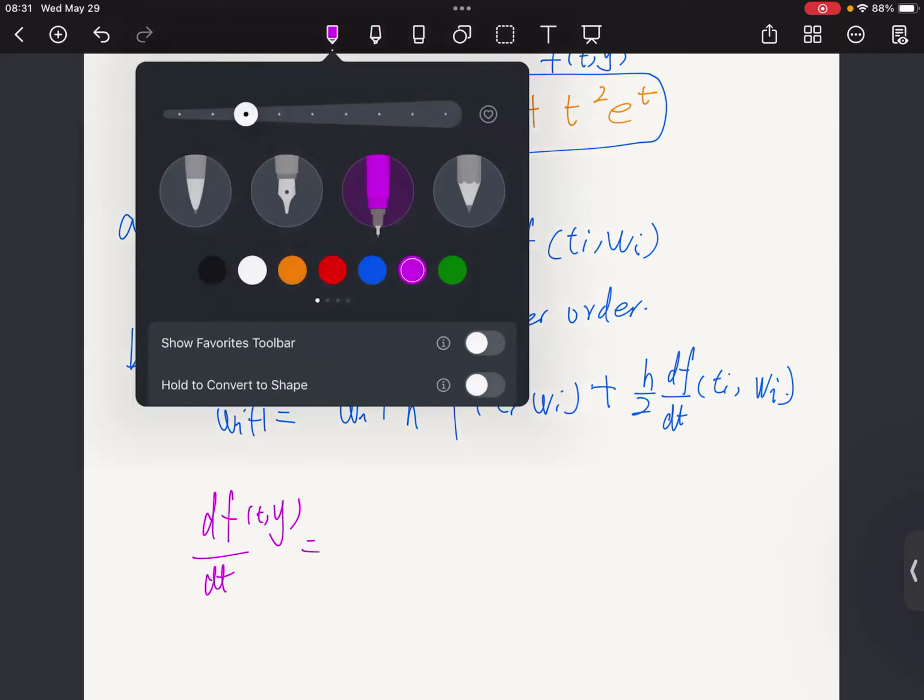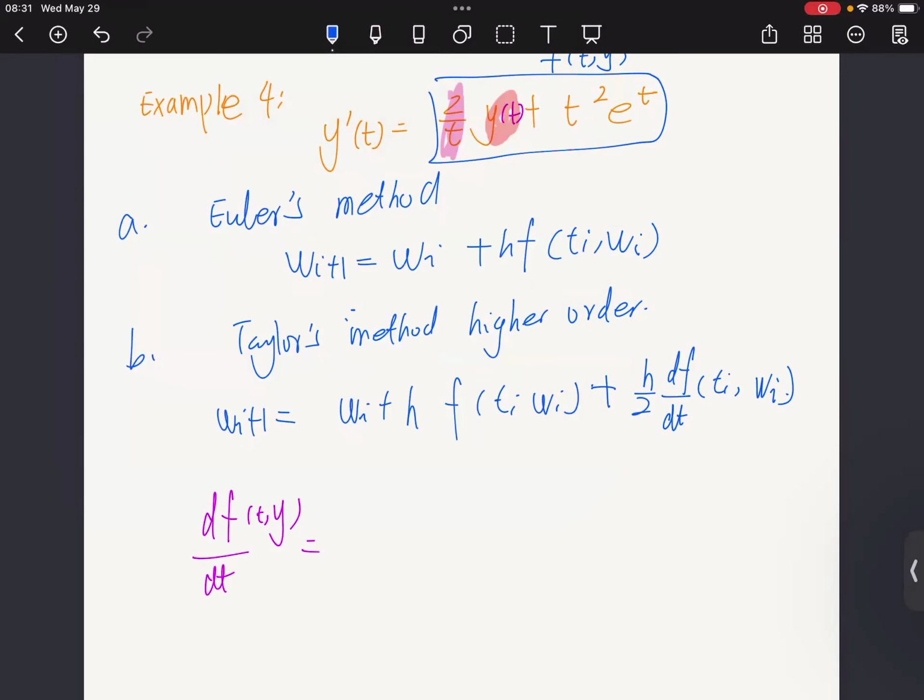The derivative of the first part should be -1 times 2 times t^-2, right? Yes. So this is the derivative of the first part.